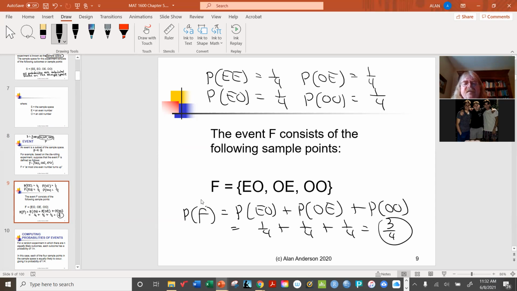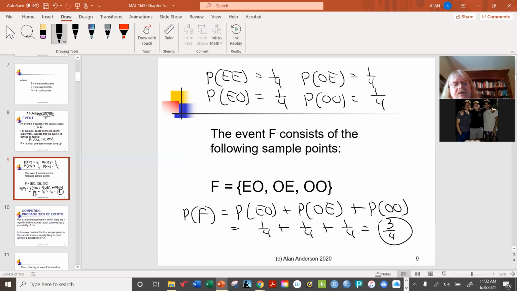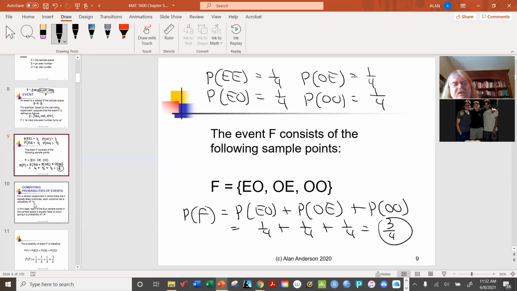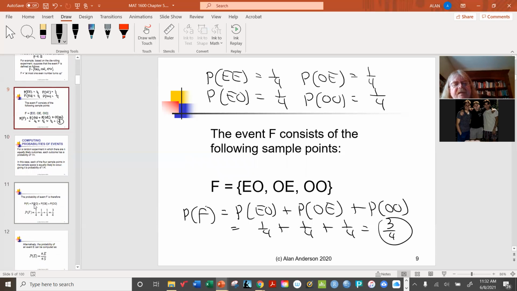And in fact, because all these outcomes are equally likely, there's an even quicker way we can do this, but it only works when all the elements are equally likely. What I just did there is always true, even when they're not equally likely. But in the event that they are equally likely, there's a second approach we can take, which is just a little bit quicker. And of course, the faster you can do something, the better.